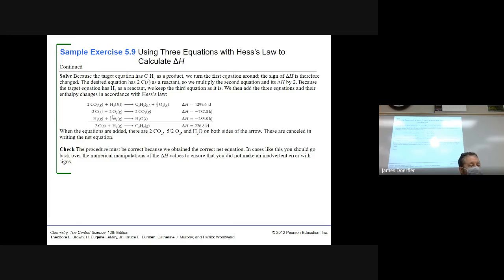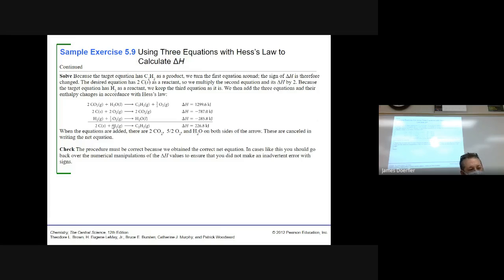And you'll notice that when you do that, and again, on our practice equation, I'm going to do this adding and removing for you to show you. But when you add these up, you would see that there's 2 CO2, 5 halves O2, and H2O on both sides of the arrow that need to be eliminated.